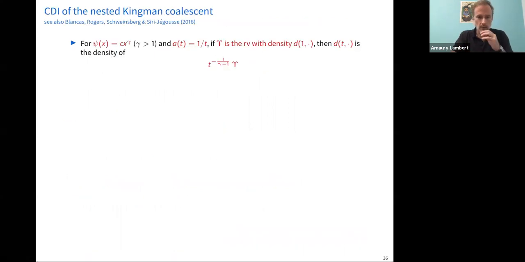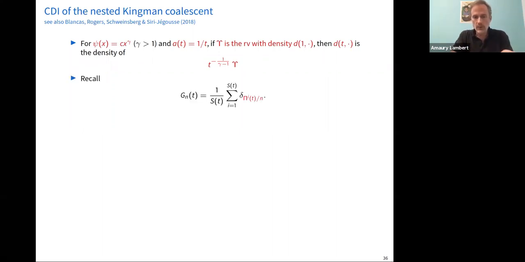And actually, and that's my last slide, if you consider that, for example, gamma equals 1 here, so psi of x is c x squared, and so you look at the nested Kingman coalescent, then you can prove that the concentration of particles at time t is the density of t to the minus 1 times epsilon, where epsilon is the random value with density at time 1. And so you have this, let's say, universal decrease in each species.